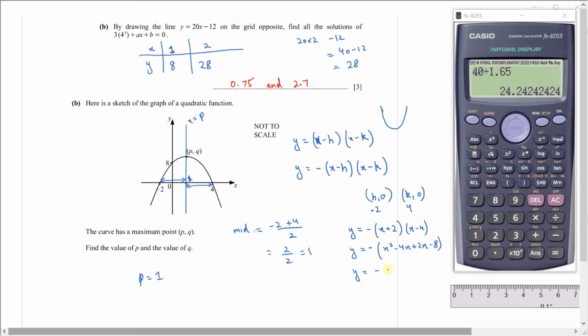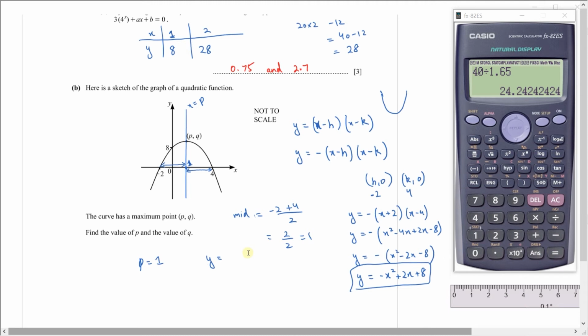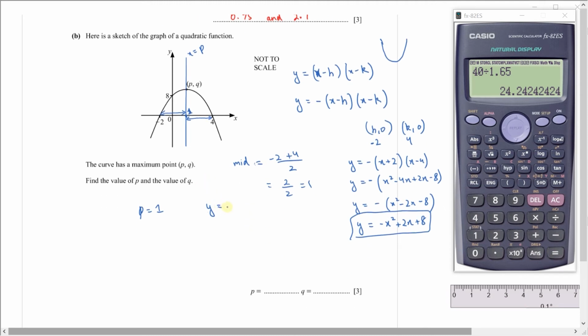And y equals minus (x squared minus 2x minus 8). Then if I multiply this negative sign, I get y equals minus x squared plus 2x plus 8. So this is my equation for this curve. So let me write it down here: y equals minus x squared plus 2x plus 8.